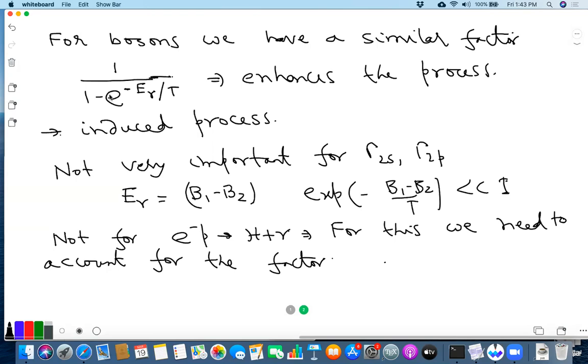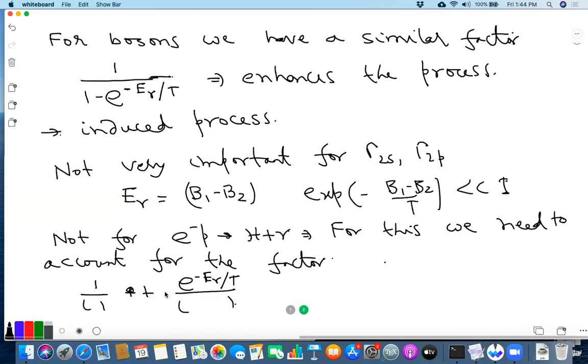No, this is the n gamma plus 1 factor, right? Number of photons plus 1. The 1 is due to the spontaneous emission and n gamma is due to induced emission. So the ratio of this is exactly like that, no? I mean, the ratio between, so you can write this as 1 over this plus or minus e to the minus E gamma over T. Maybe I'm not doing things correctly.